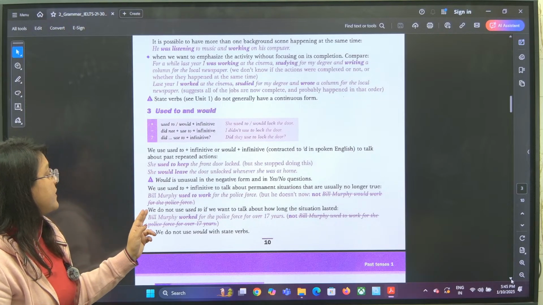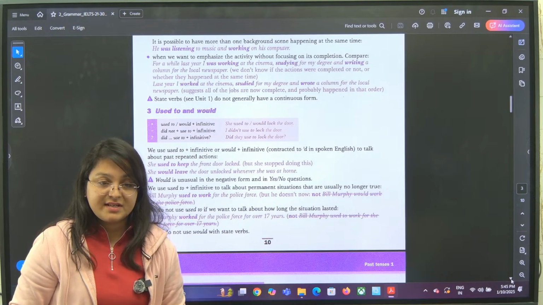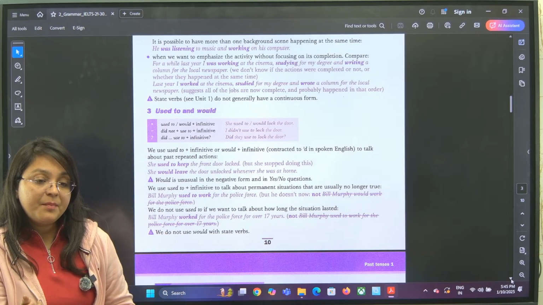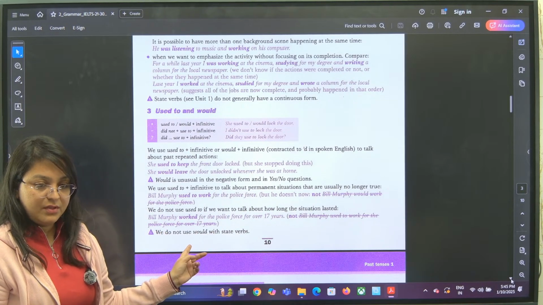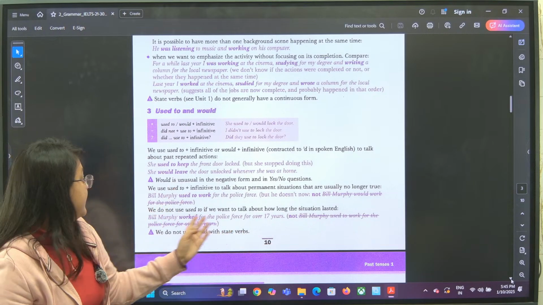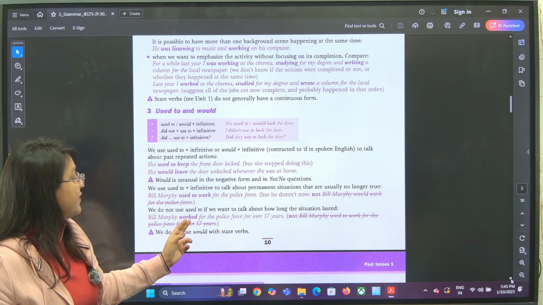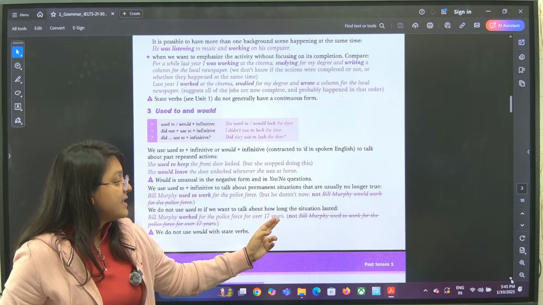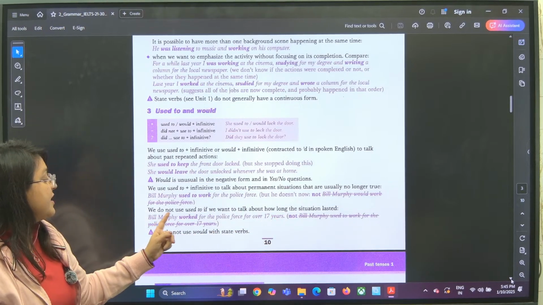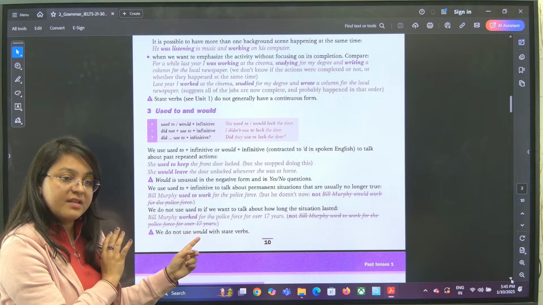Okay. We do not use used to if we want to talk about how long the situation lasted. So if we are stating the time period, then we do not use used to. Okay. For example, what is written here: Bill Murphy worked for the police force for over 17 years. So what have we written? Past simple. Bill Murphy worked there.